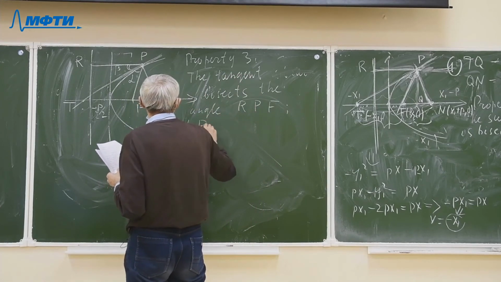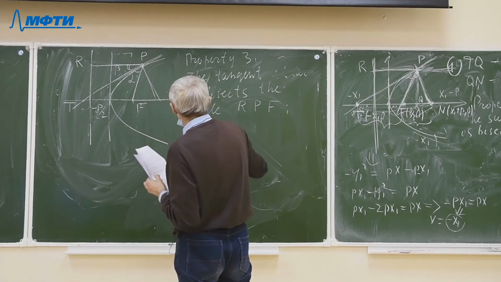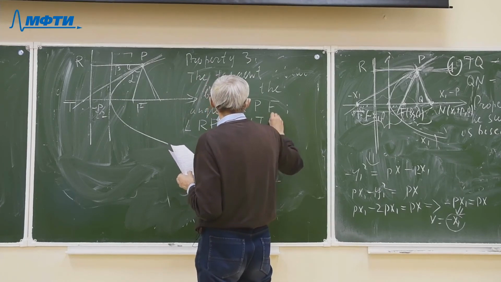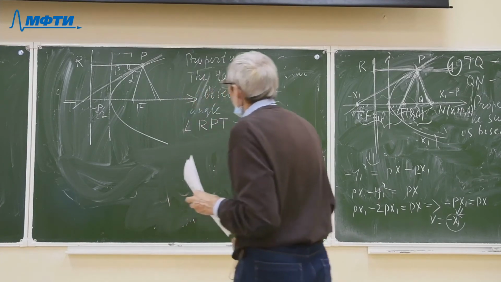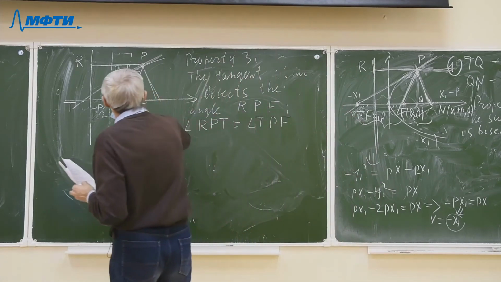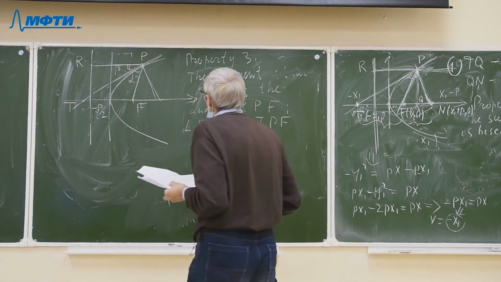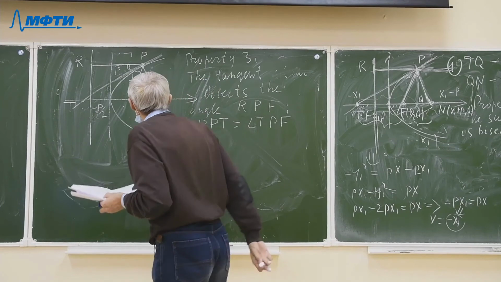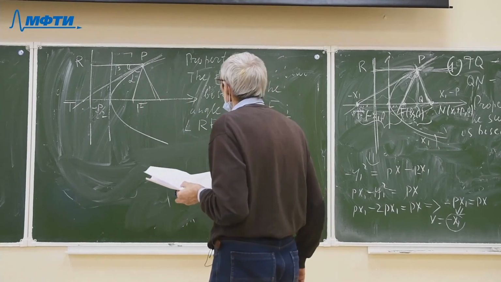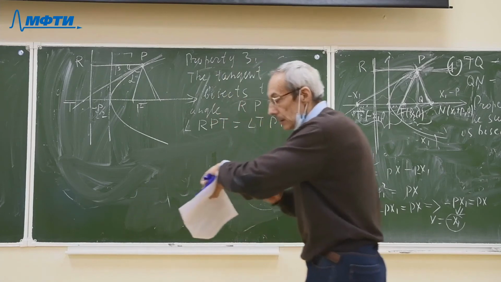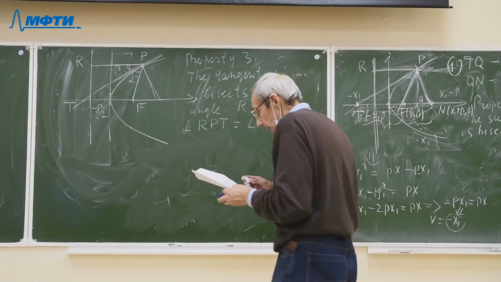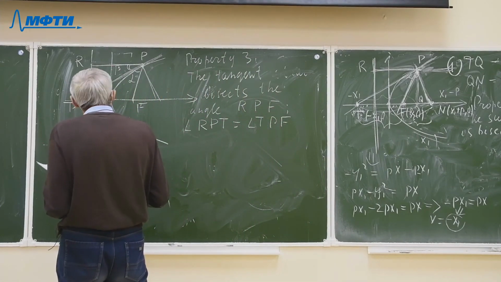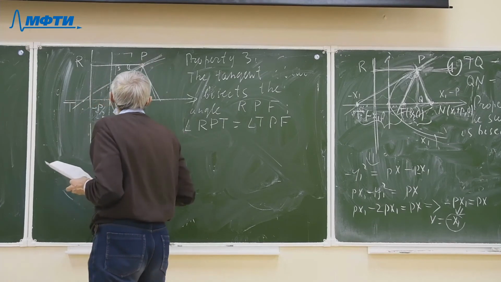Angle RPT is equal to angle TPF. This is the so-called reflective property of the parabola. Maybe in 2 minutes I will try to finish this proof.